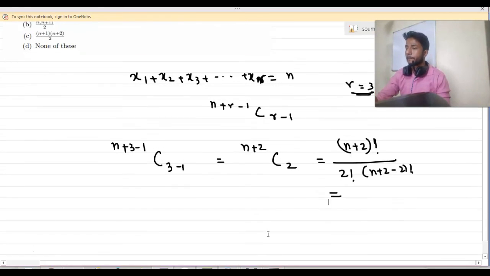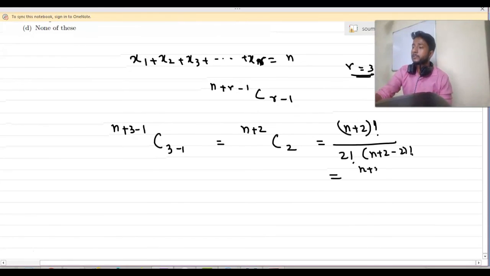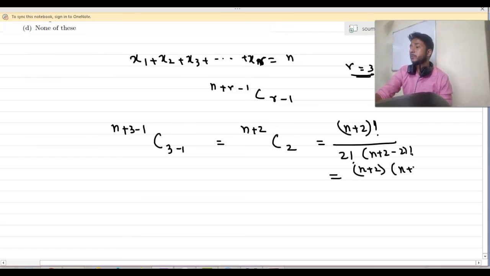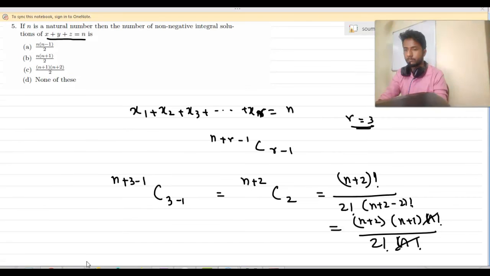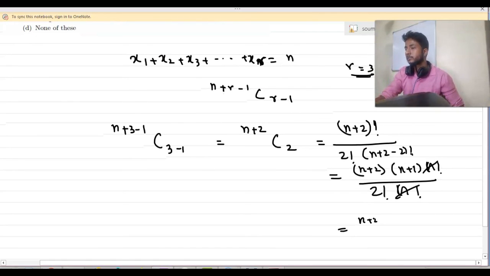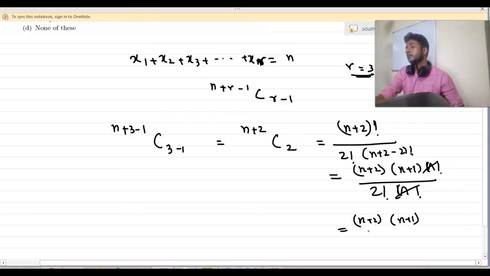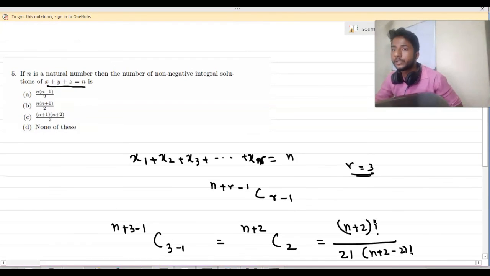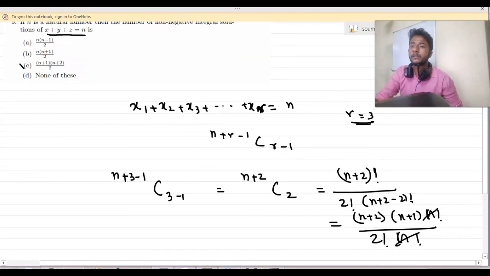So I can write it as (n + 2)(n + 1)(n!) / (2! × n!). So this is equal to (n + 2)(n + 1)/2. Let us see the options. So this is our option number C.